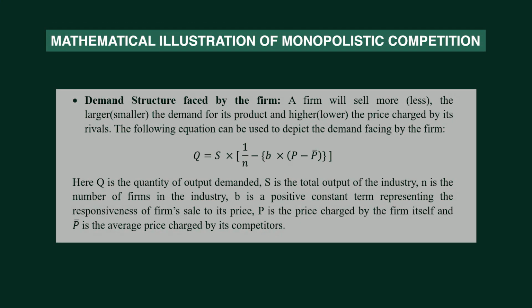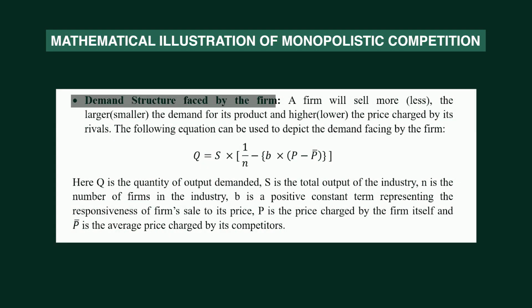Because in monopolistic competition, since the number of goods or varieties we consume is important, we need to calculate how many varieties we can produce, and then if we go on expanding the market and trade with each other, whether that may lead to a reduction in price or not. This is what we explained in my previous module. Let us start from the demand structure faced by the firm.